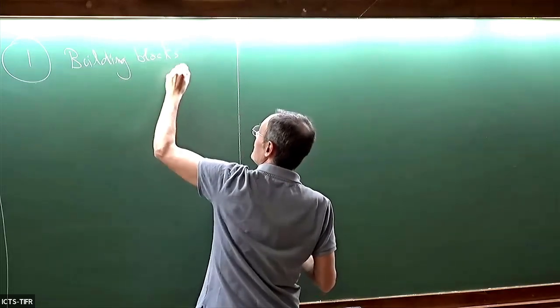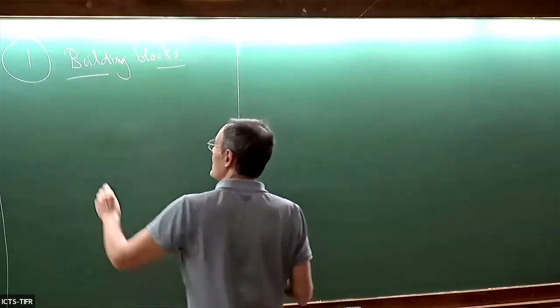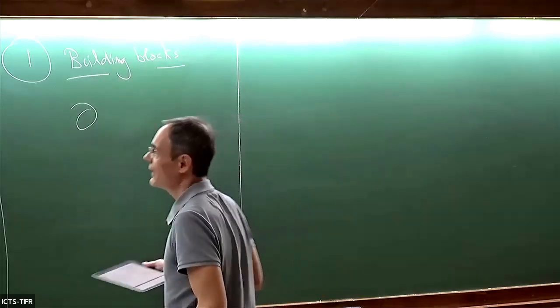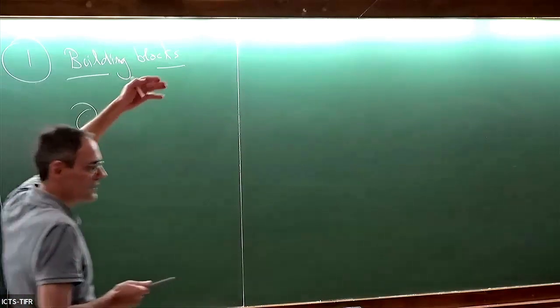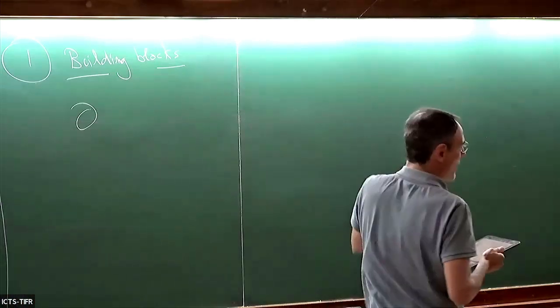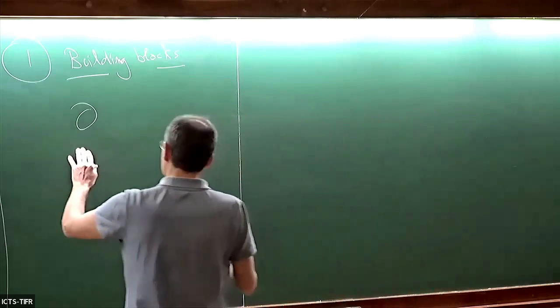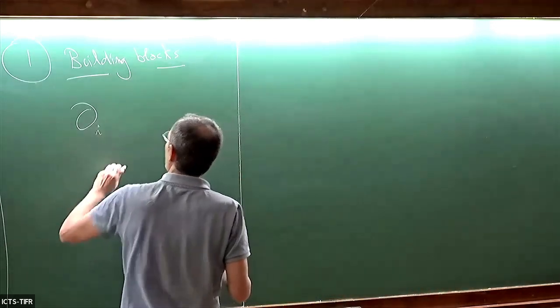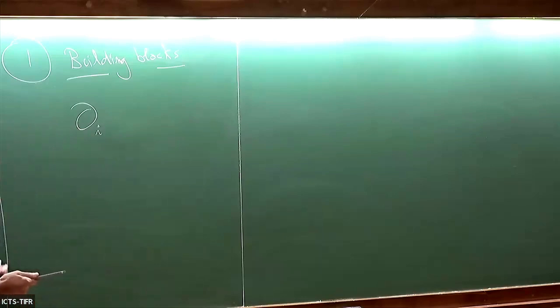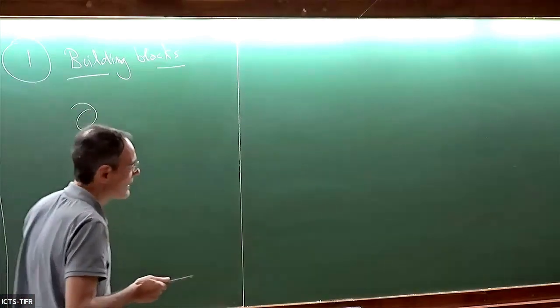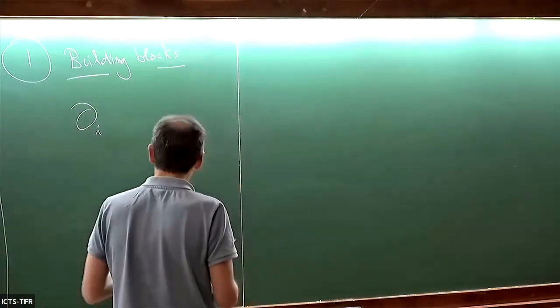I like to call them building blocks. Your building blocks so far have been these operators, or terms in your Lagrangian: phi to the fourth term, d phi squared, all these things you have seen so many of, which you obtain by expanding around some cutoff in effective field theory.